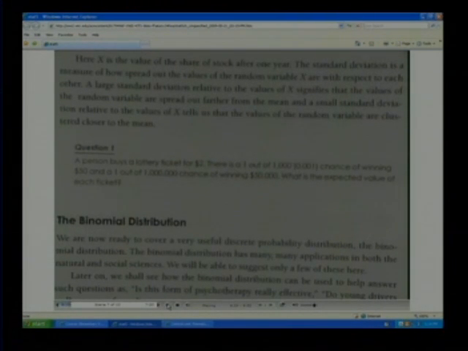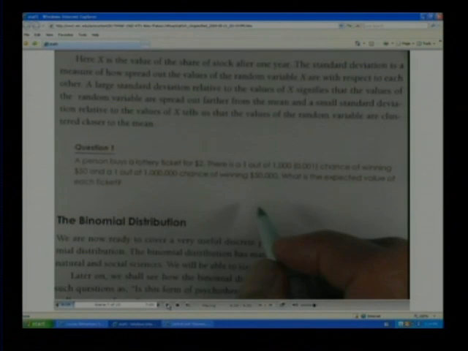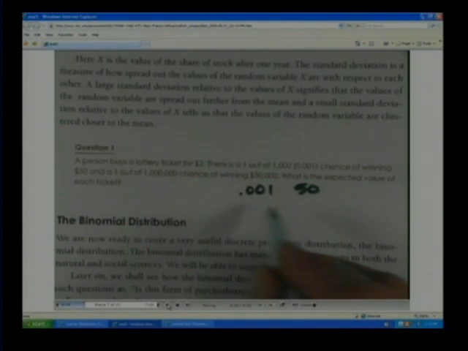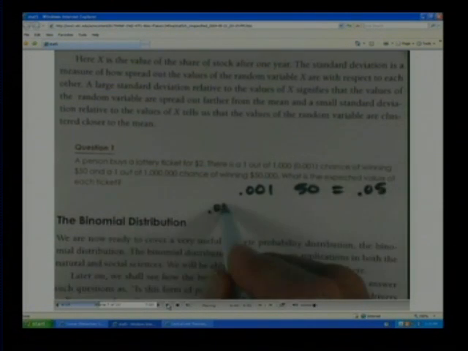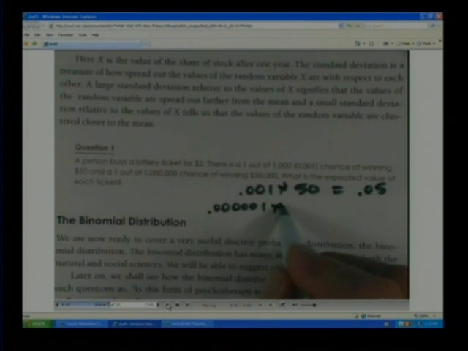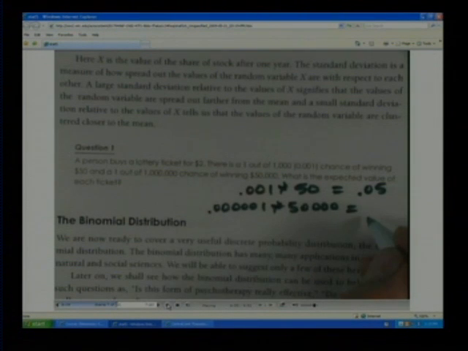So let's see, he buys a ticket for $2, and there's a 0.001 chance of winning $50. So you multiply that out, and that means it has a value of a nickel. Okay, and then there's a 1 in a million chance, and you multiply that by your $50,000, and you can see that that also has a value of a nickel.